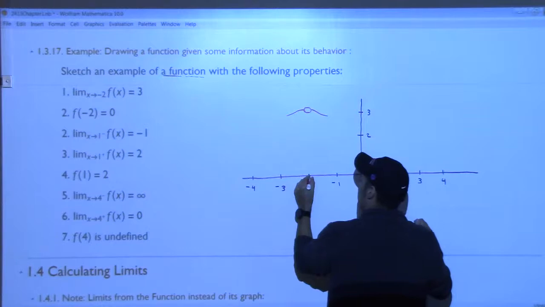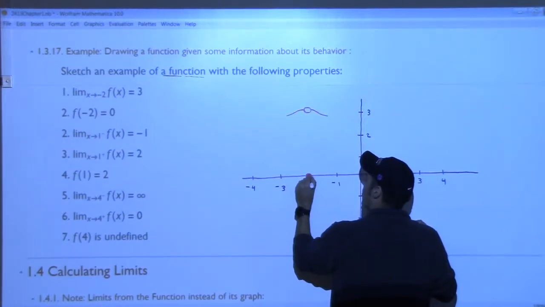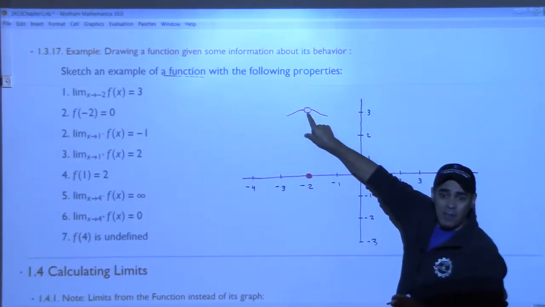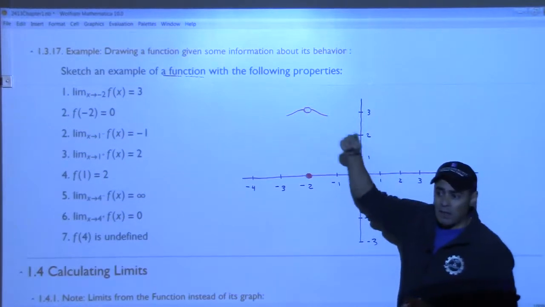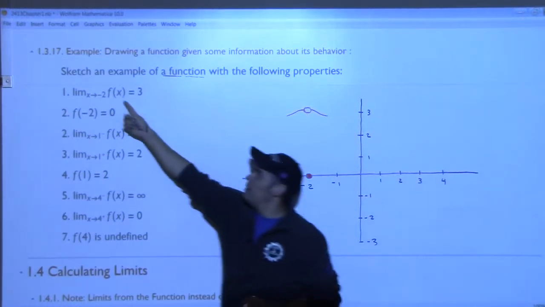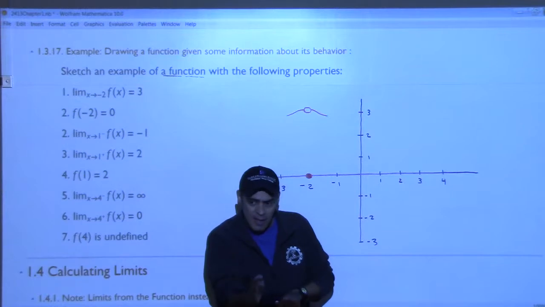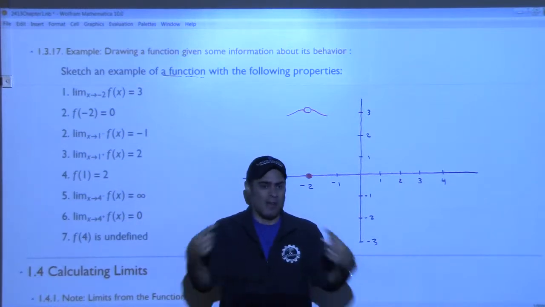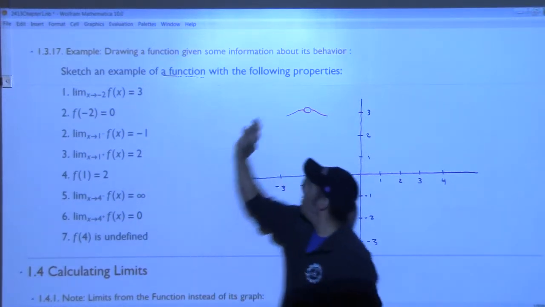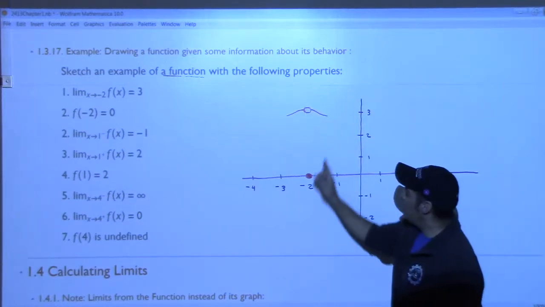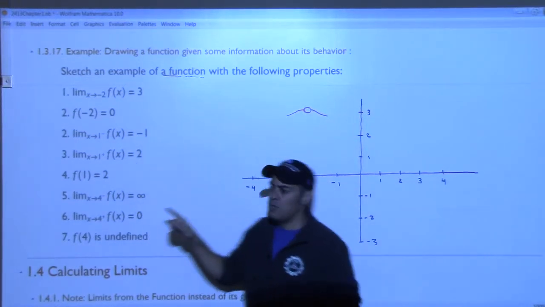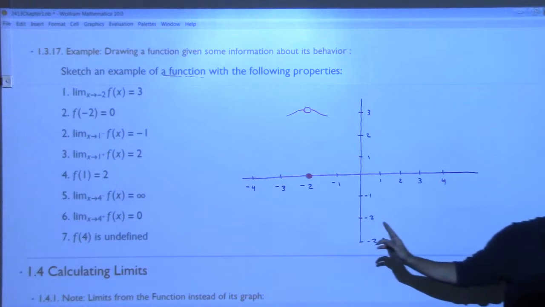So when I put this dot here, that would have eliminated the possibility of me putting a dot here. So I left it open because the limit didn't tell me anything about what's happening at -2, right? It only tells me about what's happening from the left and the right. So I left it open, and good thing I did because part 2 says at -2 I have to be 0. Any questions on that? Sure?